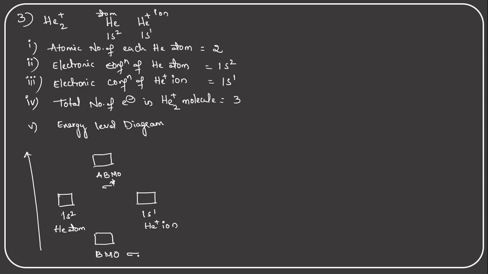So here it is 1s2 electrons, and here this is the electronic configuration. After filling the electronic configuration, here two electrons are there, here one electron is there, so total 3 electrons. Among the 3 electrons, first two will be filled in the bonding molecular orbital and the remaining one electron will be filled in the anti-bonding molecular orbital.